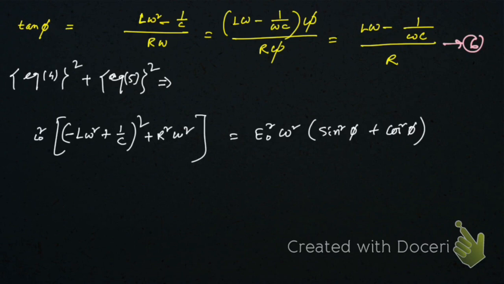That's what we will get on the left hand side. Here sine square phi plus cos square phi is going to be 1, so you can remove this term.